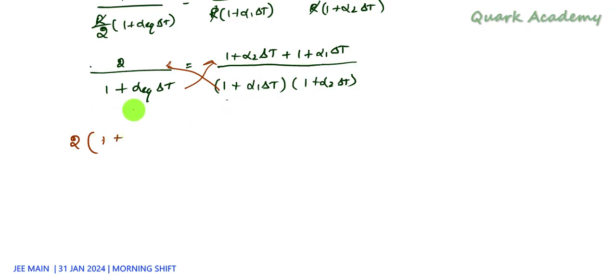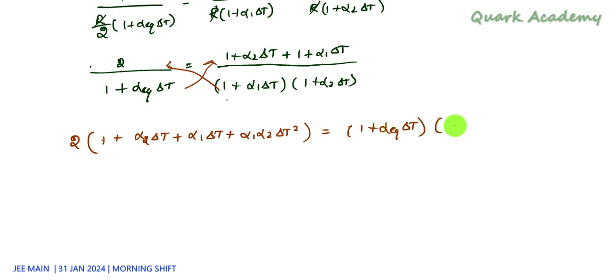So 1 plus alpha 2 delta T plus alpha 1 delta T plus alpha 1 alpha 2 delta T square, which is equal to 1 plus alpha equivalent delta T. Here I can simplify the numerator. 2 into alpha 1 plus alpha 2 delta T.